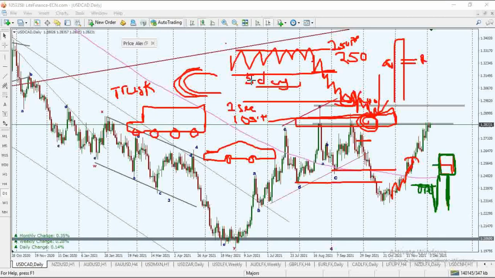After it probably took about, let's say, 6 days, you expect that if it took this number of days to correct, it would take at least, by rule, 3 days to impulse.